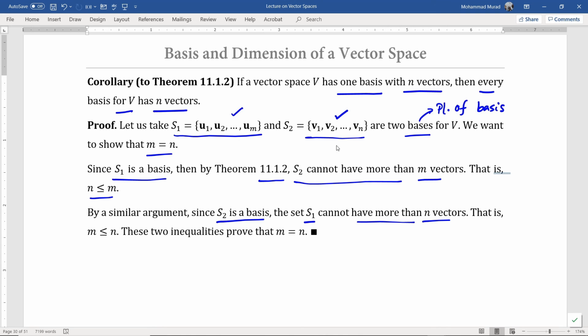That is, m has to be smaller than or equal to n. These two inequalities prove that m equals n. The proof is complete. So we proved that if a basis for a vector space V has n vectors, then every other basis for the vector space V has the same number of vectors.